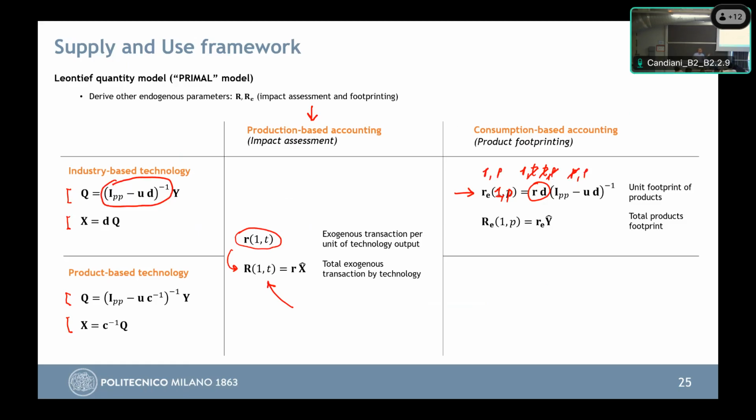The important takeaway here is that I have one equation that must translate the small r, which are transactions by technology, to properties of products produced by the system, footprints. And so you have to pass through this equation by post-multiplying R by D and then multiplying by the Leontief inverse matrix.